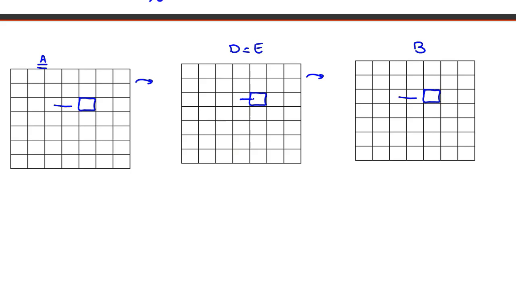We moved this to the right, so it was this. So now it means we moved this one to the left, it is this. So as you can see, the difference in A and B is what? You move this to the right, again you move it to the left. So all other dominoes are the same in A and B. So we conclude A equals B, but it's a contradiction because we've considered that A and B are different.